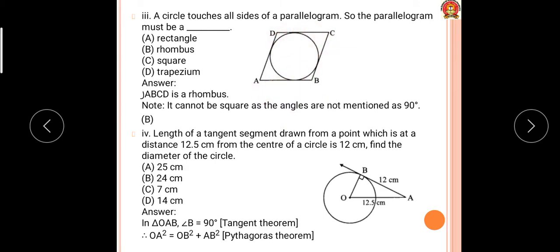Square, angle not mentioned. Trapezium, no, because it is already mentioned that it is a parallelogram, and therefore this ABCD is a rhombus. Maybe the sides are equal, angle we don't know. Okay, and therefore the answer is rhombus, B.